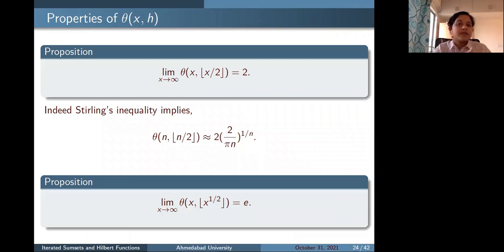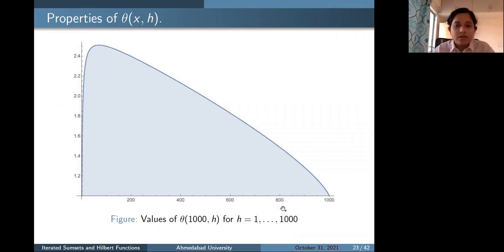Now the next property is saying that as x increases, theta x by 2 is tending towards 2. From here, you will have a glimpse of that. So this is actually 1000, so for 500 somewhere here, its value is actually tending to 2.